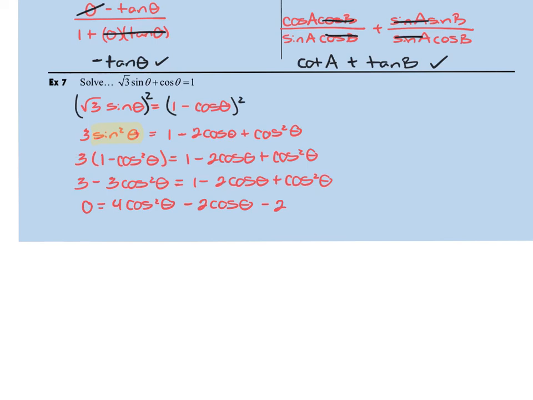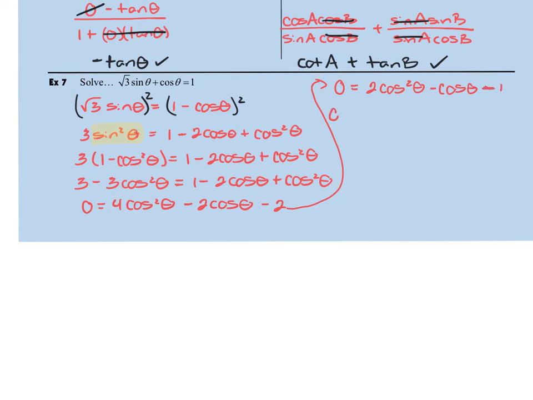Now, what I notice is that everything here could reduce by 2. So when I go to rewrite up here, I'm going to reduce everything by 2 immediately, just to make this process a little easier for us to factor. 2 cosine squared theta minus cosine theta minus 1.